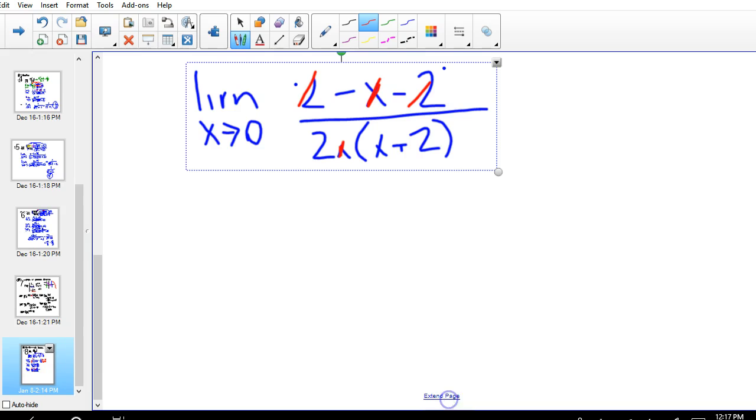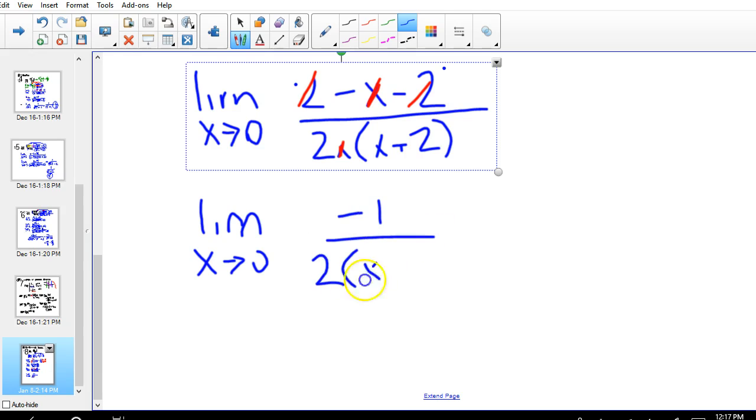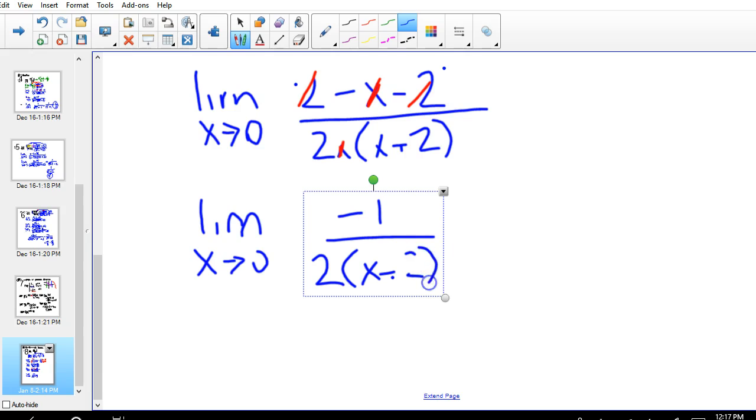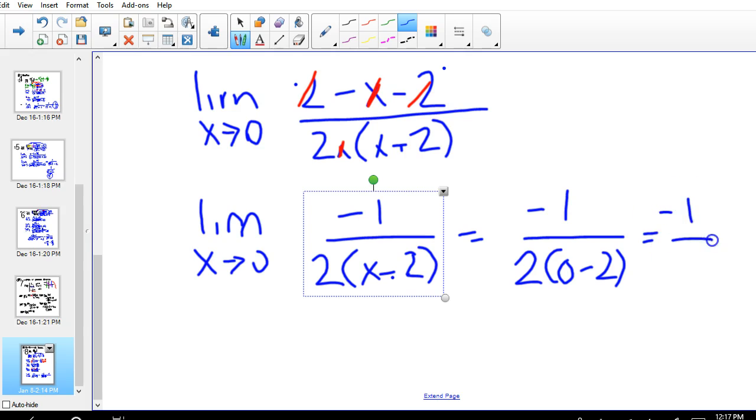So that will give you the limit as x approaches 0 of negative 1 over 2 times x plus 2. And now that something has canceled, you're going to plug in the number, and that'll give you negative 1 over negative 4, so you get 1/4 for your answer.